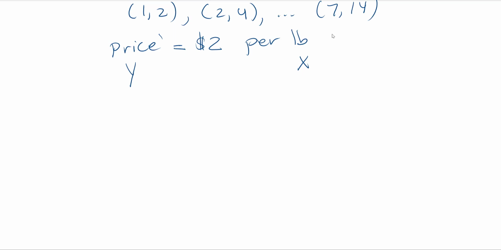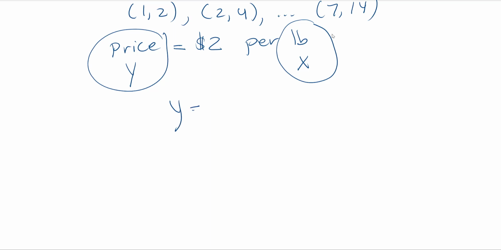So the price is Y and the number of pounds is X, in which case Y equals 2 times X. So if we have 1 pound, Y will be 2. If we have 2 pounds, Y will be 4, and so on.